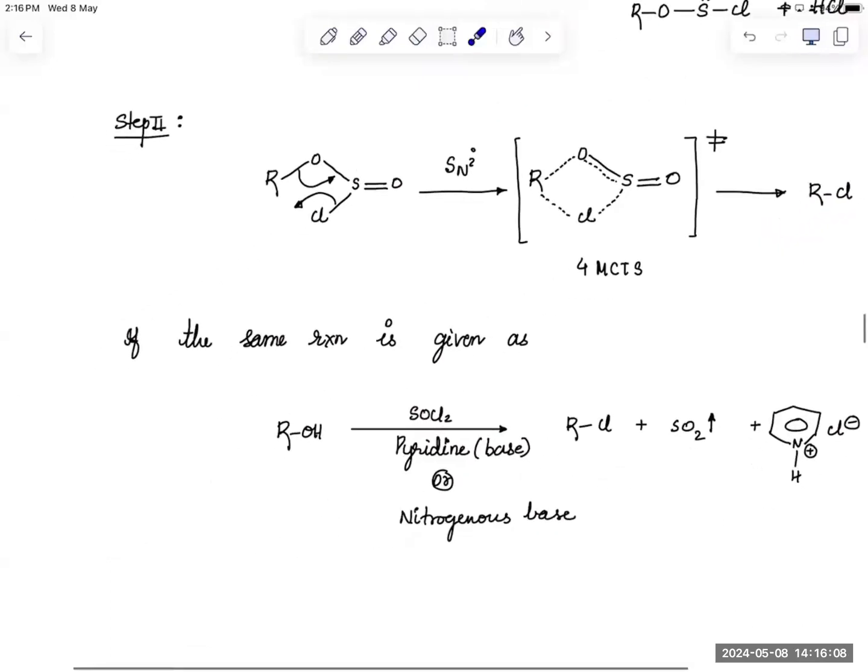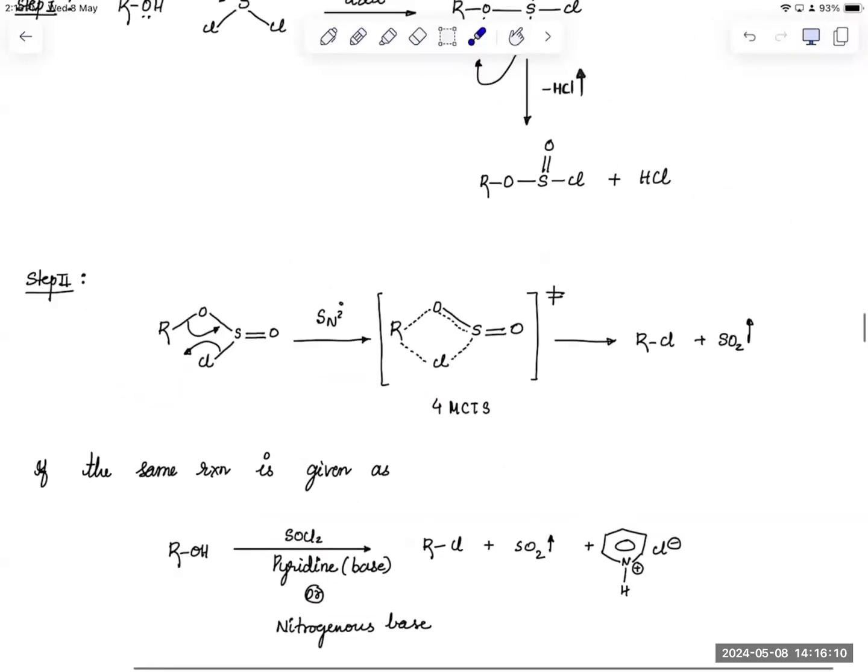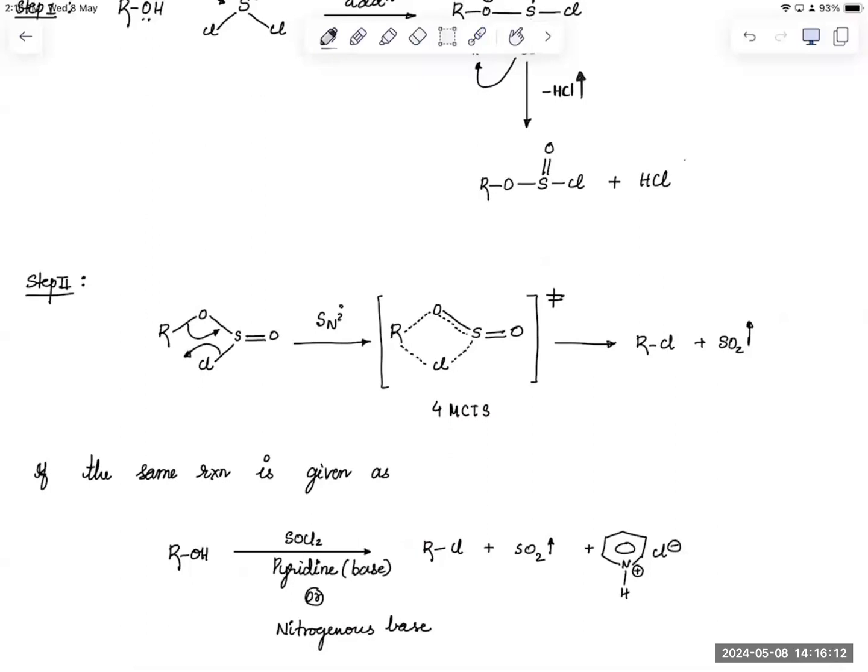Clear? So HCl has come out as vapors here and SO2 has also come out as vapors here. Correct? This is an SNi reaction. Why I am saying i is like an internal attack from the same side. If the attack is from the same side, right? So that is going to be SNi attack.